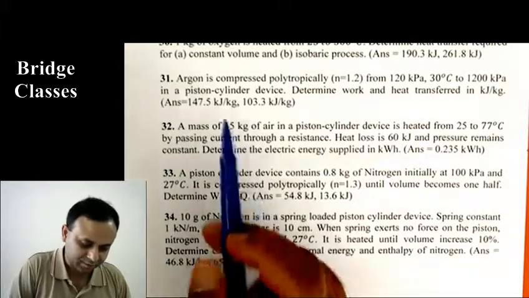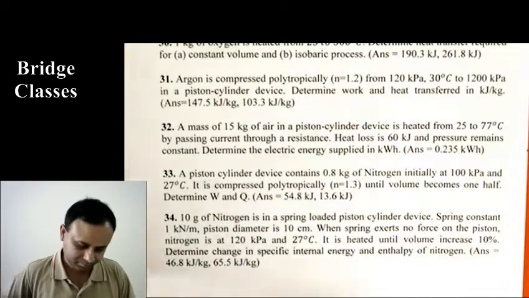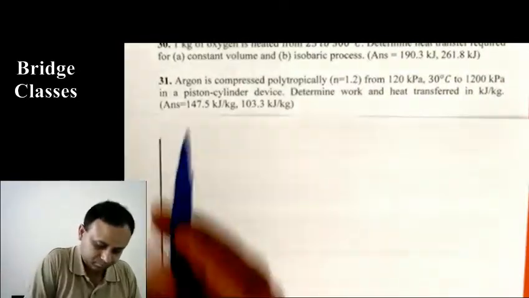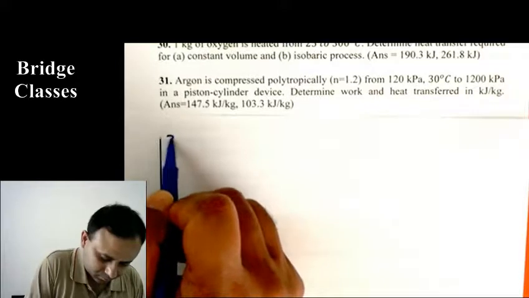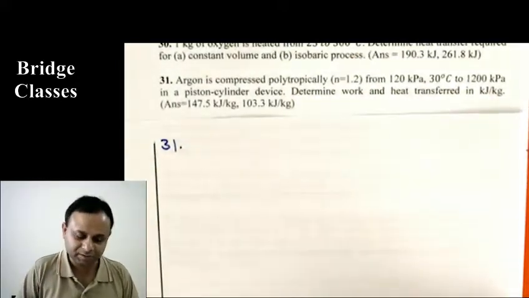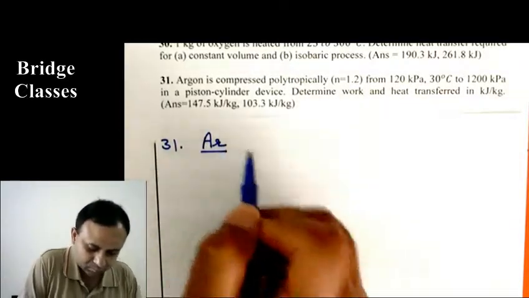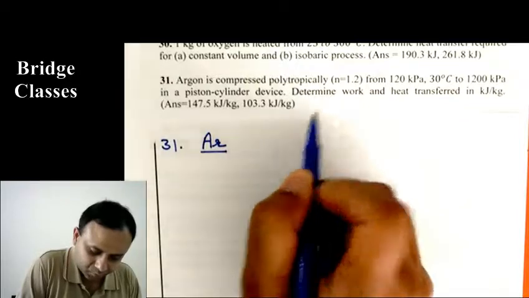Okay, let us look at 31. It says argon is compressed polytropically.